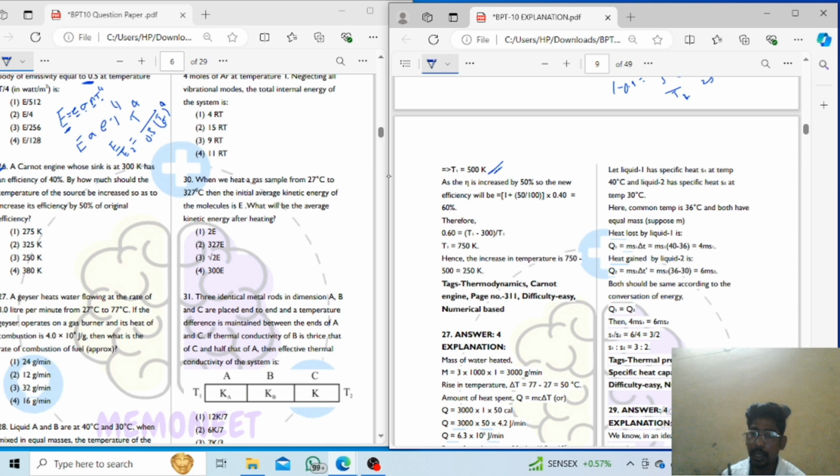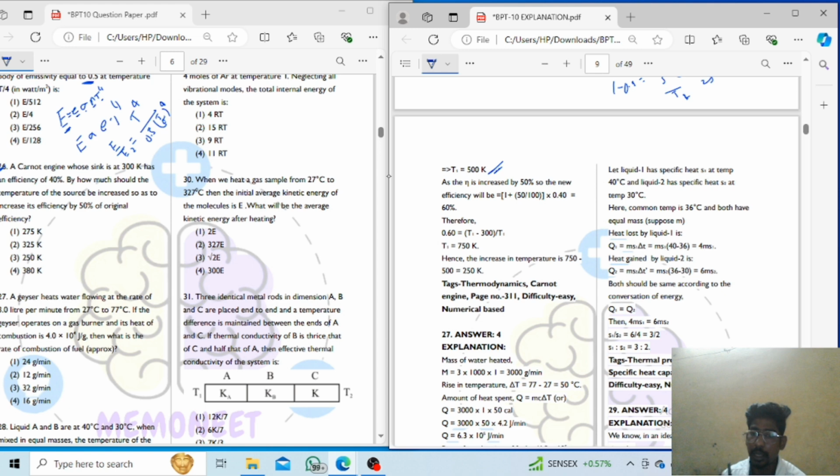So first of all, the mass of water heated is 3 liters per minute. 3 liters, you have to calculate in grams, so you have to multiply by density. Mass equals density into volume, where the volume is 3 liters.